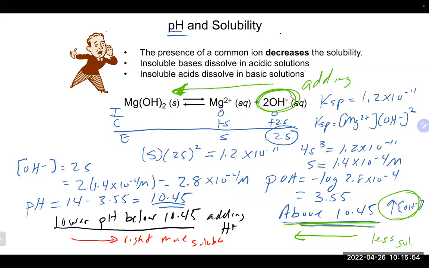You make it acidic, you make it basic. And really what that does is it allows certain ions to come out of solution at the right time, and keep other ions in solution. So it's a really good practical application. If you're doing an experiment, you could almost force certain ions based on the pH to stay in solution and keep other ones to come out at that particular pH. Any questions on pH and solubility?